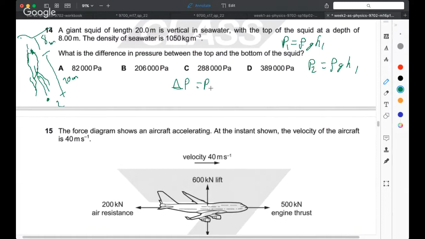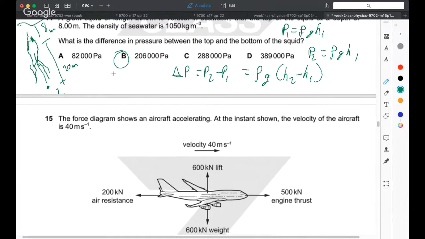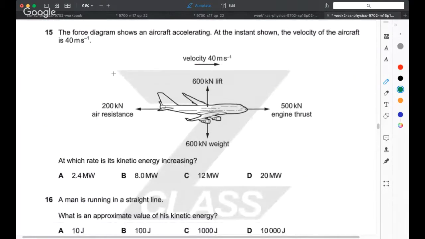So P2 minus P1. P2 is higher pressure. So practically you have the density, the gravity, times the difference H2 minus H1. Okay, so you can work it out. I don't have a calculator, so I can't work this out now. But it's going to be 200. That's it. So you finish with this one?